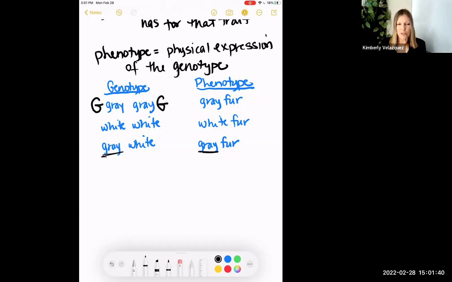We're now going to represent white as a lowercase g. Why are we not using a W? Because if we use a W, that doesn't tell us anything about which one's dominant and which one's recessive. If we just had G and W, it wouldn't tell us anything about which one gets expressed in the heterozygous individual. So white is going to be lowercase g. That means this third individual, the heterozygous individual, is big G, little g.